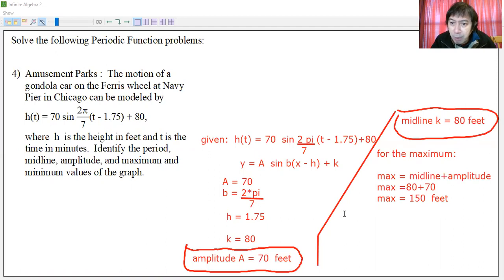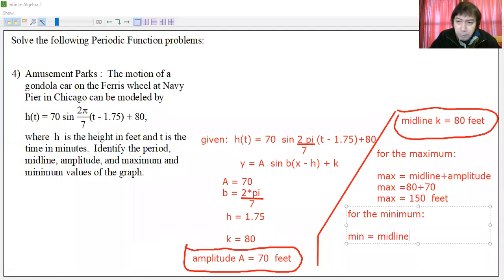Next is for the minimum. Minimum is equal to midline minus the amplitude. And so we have minimum is equal to our midline, which is 80, minus our amplitude 70, and that provides us with a value 10.